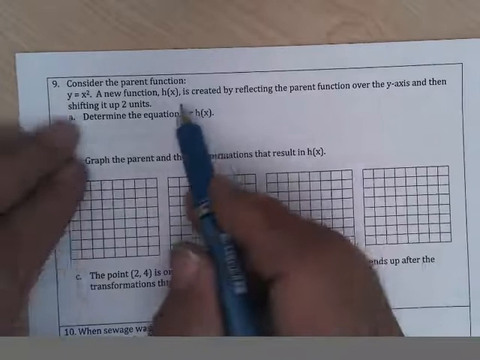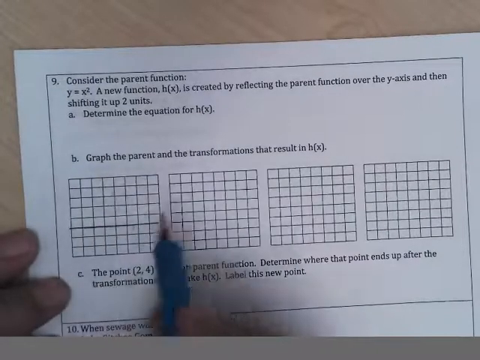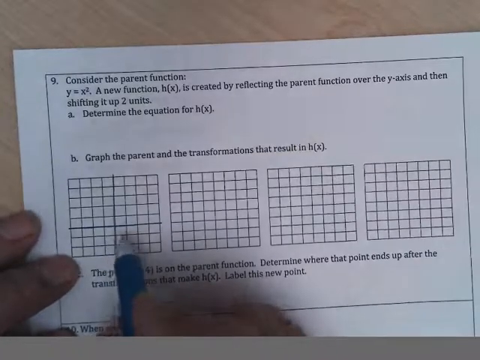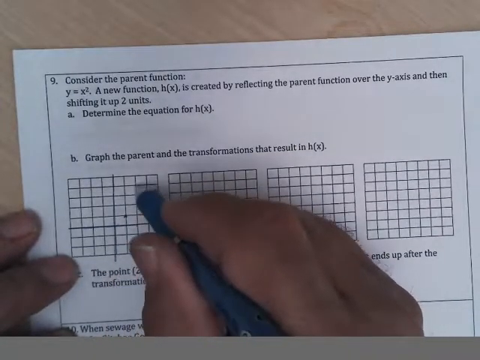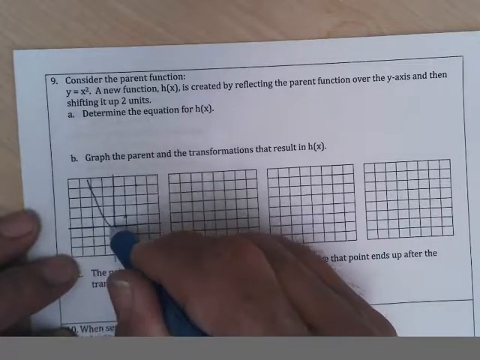Okay, so we got y equals x squared. One, 2, 4. There's the parent function.